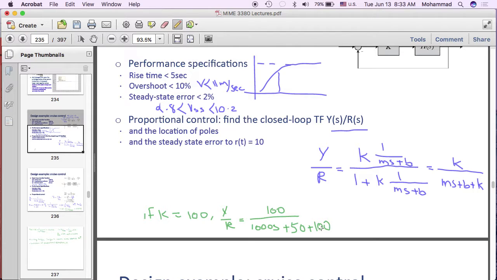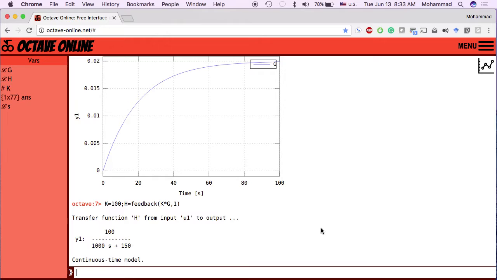So you get 100 over 1,000 s plus 150. And that is exactly what MATLAB has calculated. So the command feedback basically calculates the closed loop transfer function for you, so you don't have to apply the golden rule of reducing the transfer functions.